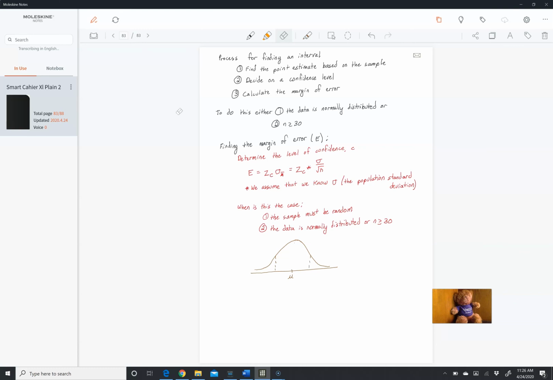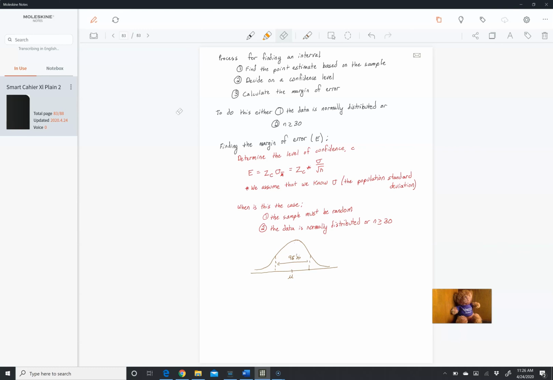It's a probability, and probability is the area under the curve. So if we say that we have a 95% confidence interval, we're saying that this range is 95%. We're 95% confident that it falls in this interval here.